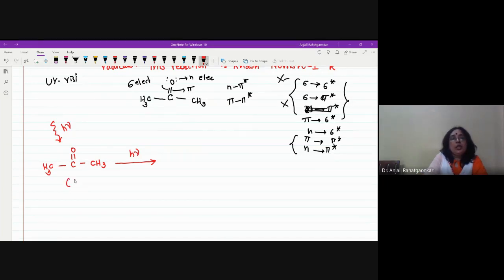Initially the molecule is at the ground state, and whenever you write any mechanism, please remember that it undergoes the first excited state, denoted as S1.